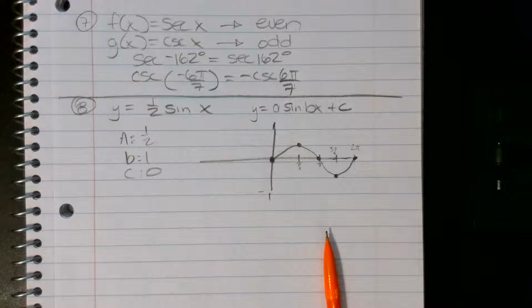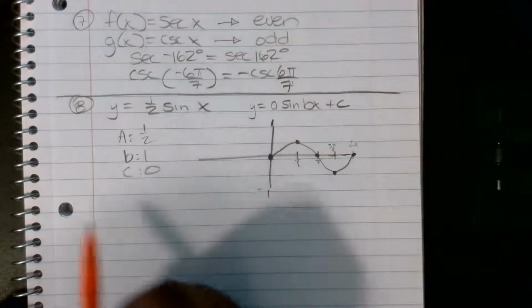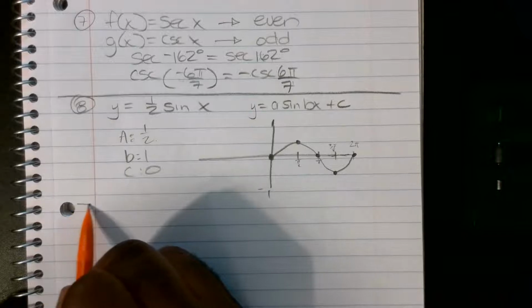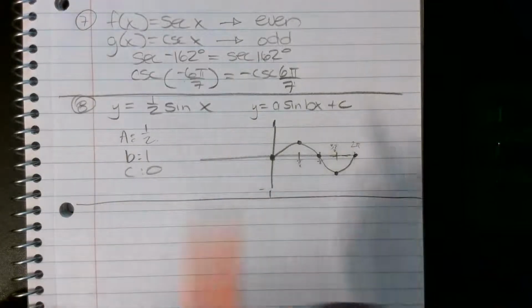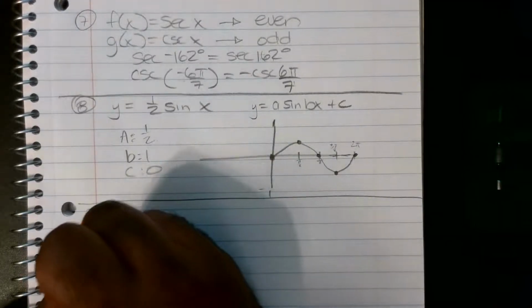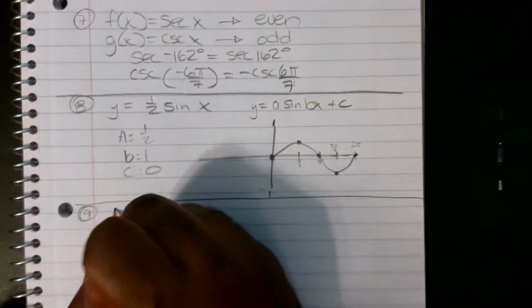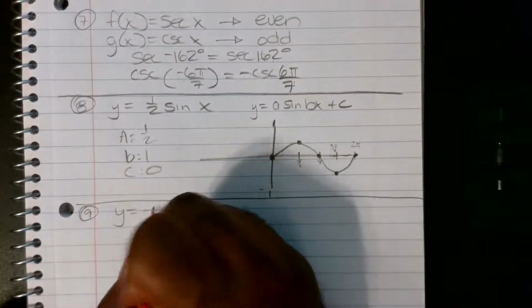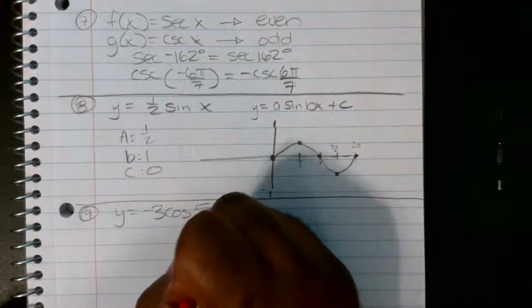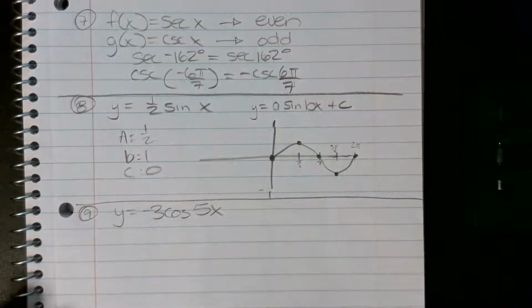14, more graphing. 15. Okay. This is number 9. y is equal to -3 cosine of 5x.